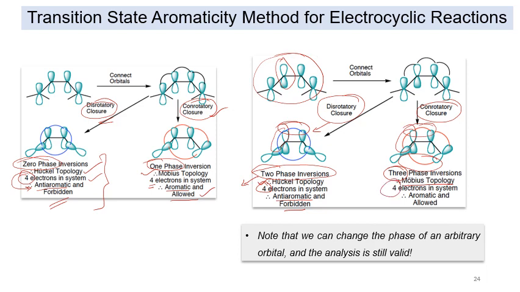According to Mobius topology systems, 4 electrons will be aromatic and therefore allowed. So the transition state according to the Mobius system for a conrotatory closure is aromatic. So according to this transition state aromaticity method, the conrotatory ring closure will possess an aromatic transition state by the Mobius system and will be thermally allowed.